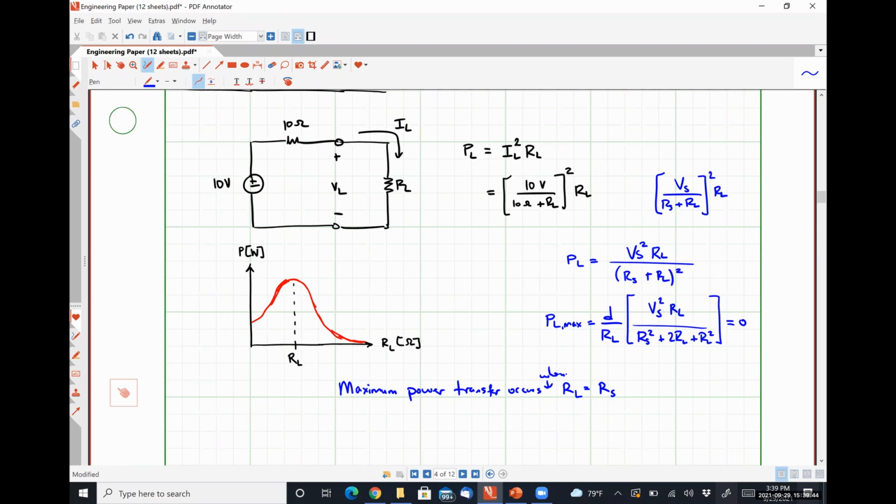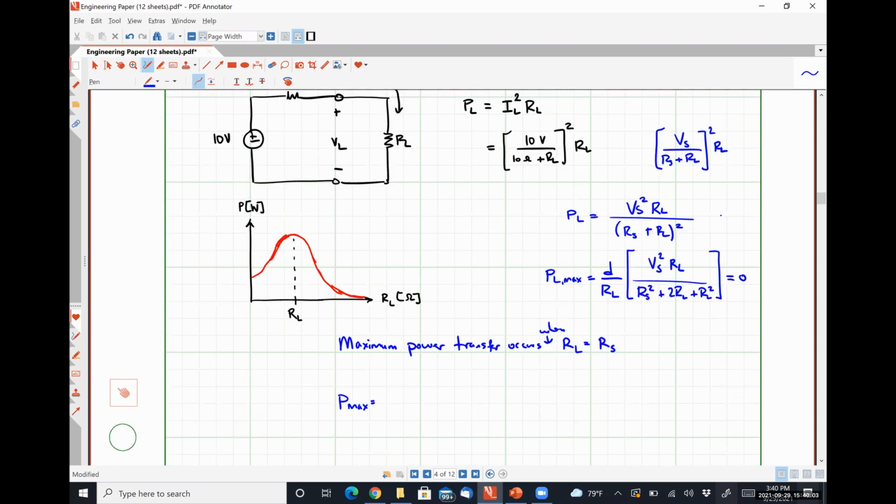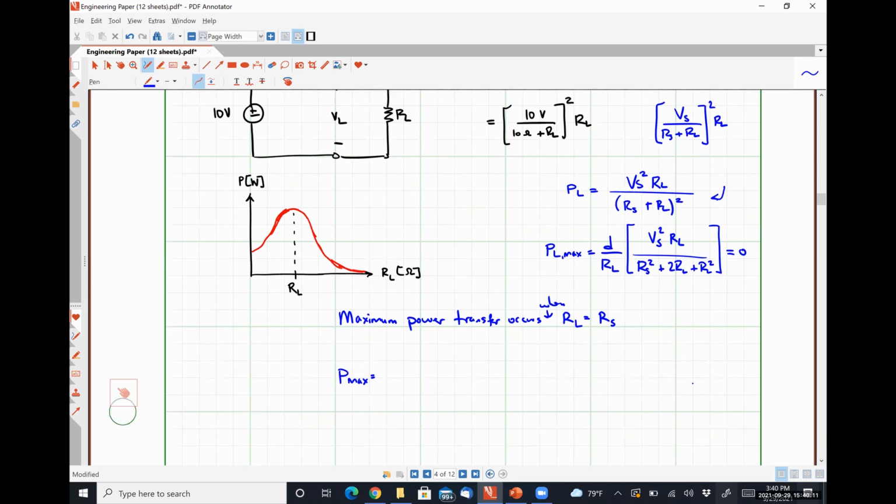From this, it should be pretty straightforward to see what our maximum power delivered by any practical source could be then, right? So P max would just be this guy right here evaluated where RL is exactly equal to RS. So what happens?